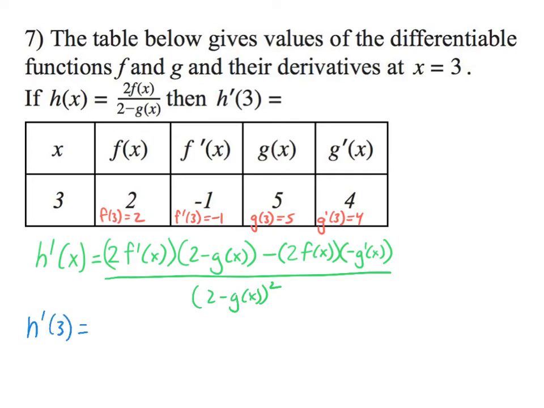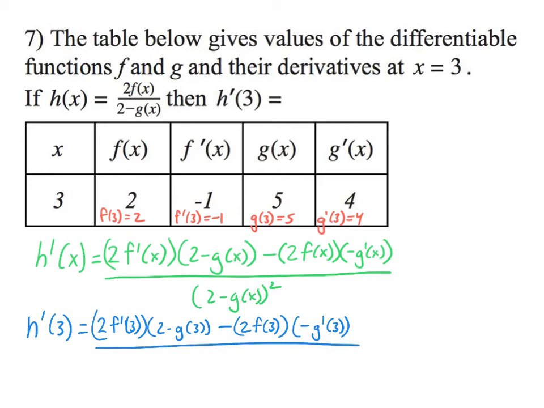Okay, so our next step is to plug in 3. So when we plug in 3, we have 2 times f prime of 3, times 2 minus g of 3, minus 2 times f of 3 times negative g prime of 3. That is all over 2 minus g of 3 all squared. So what do we get with all of this? Well, f prime of 3.